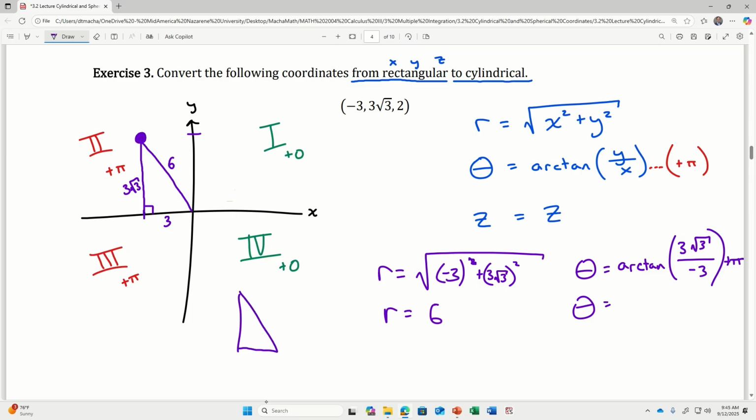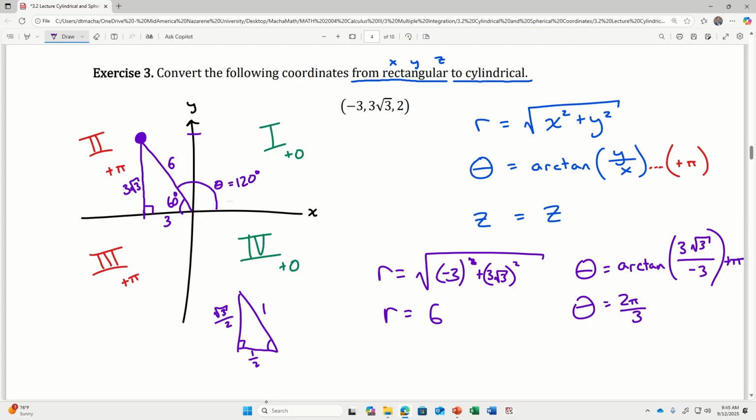This is a special right triangle from our unit circle. And that means this angle would be 60 degrees, because this is a 30, 60, 90 triangle. And that means this angle, theta, would be 120 degrees. And 120 degrees is also known as what in radians? 2 pi over 3.